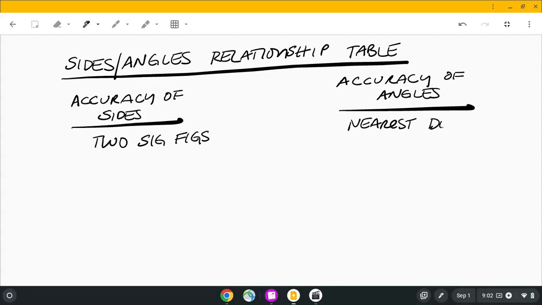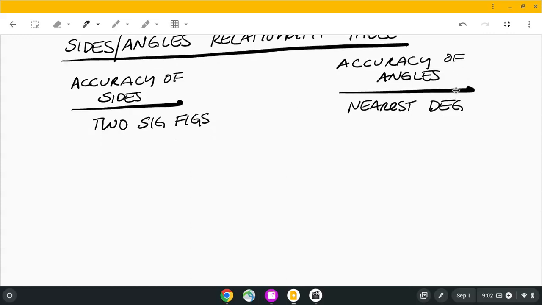You might have to have this handy when you're doing your assignment until you have it memorized. If your sides are 3 significant figures, then your angles are going to be the nearest 1/10 of a degree.